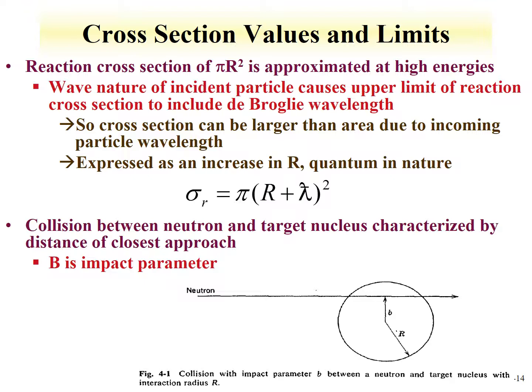However, the wave nature of particles has an upper limit of reaction that can include the de Broglie wavelength. So fundamentally, this equation, pi r squared, can go to pi times (r plus the de Broglie wavelength) squared. So the cross-sections can be larger due to incoming particle wavelength. And if you think about that, the cross-section values change as a function of energy of the particle. The target itself doesn't influence the variation in cross-section.